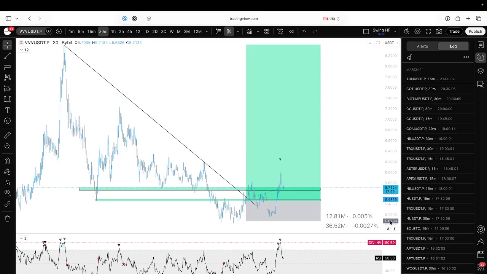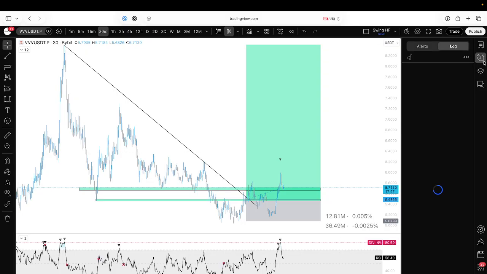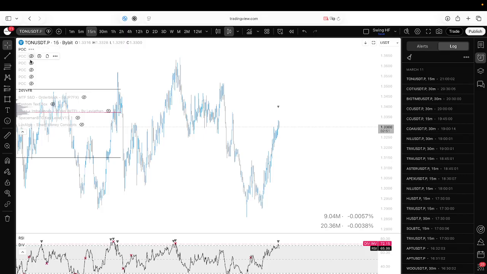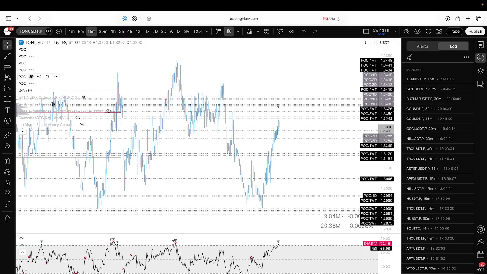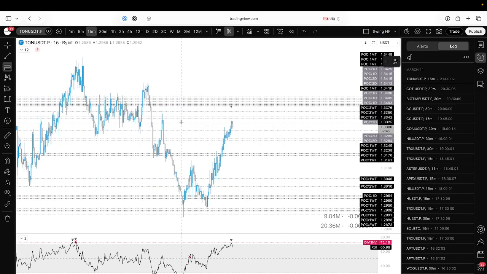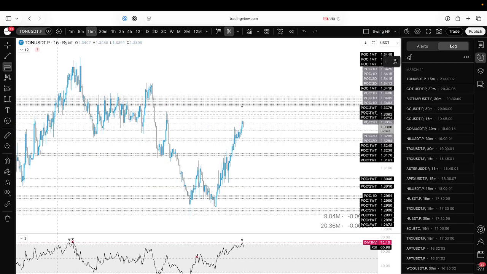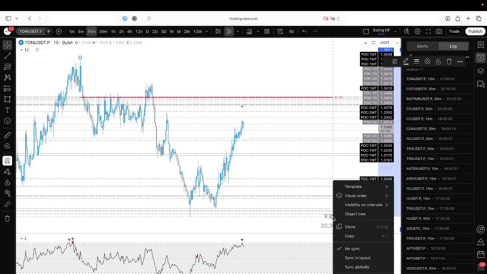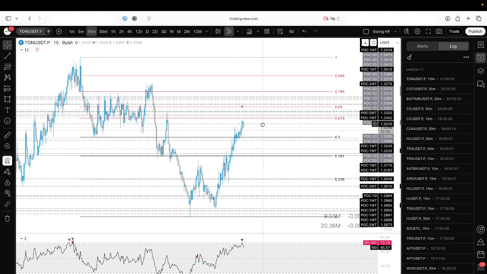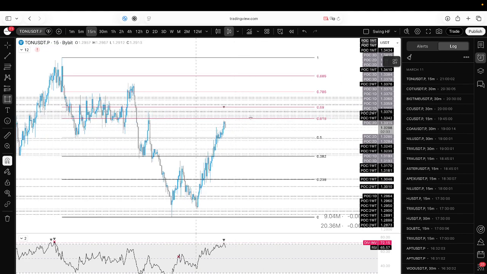Pretty easy to understand. So let's take a look at what we have here. Boom, range high, range low. This is a wall area that we could short, for example.